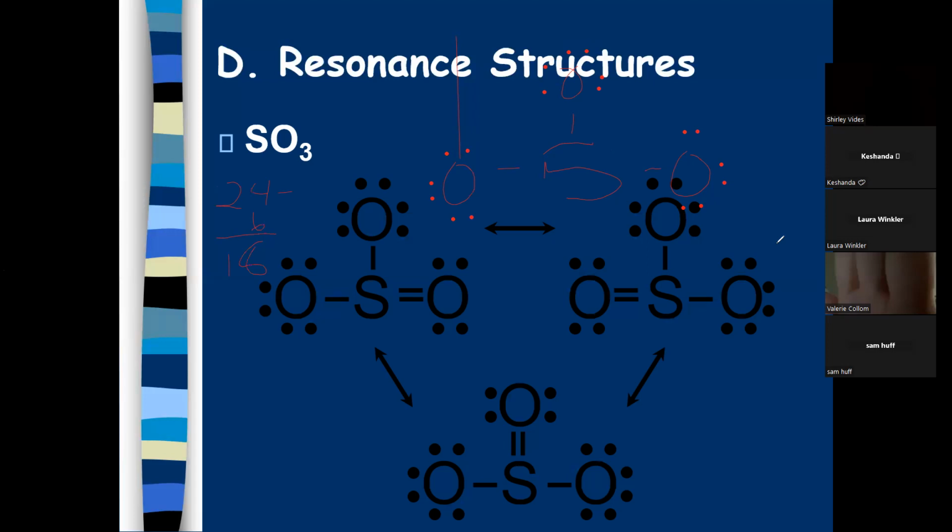Because sulfur is not an exception, and it's 8 too, so we need to take this one and move it here, right? So let's do that. Let's just erase it, and I'm leaving it much more bright, just so that you can actually see that that's where it came from.